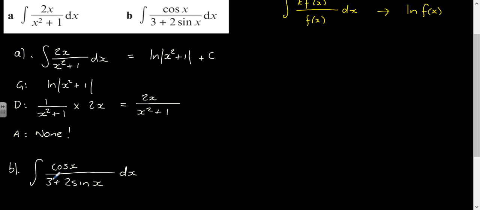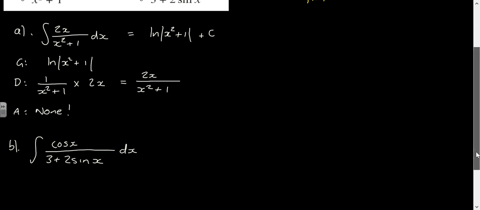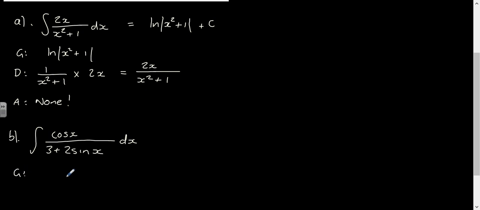And yes, if I differentiate 3 plus 2 sine x, then I will get 2 cos x. So it follows this rule. And so therefore, again with fractions, if it follows that rule, natural log is our guess. So I'm going to go with natural log of 3 plus 2 sine x.